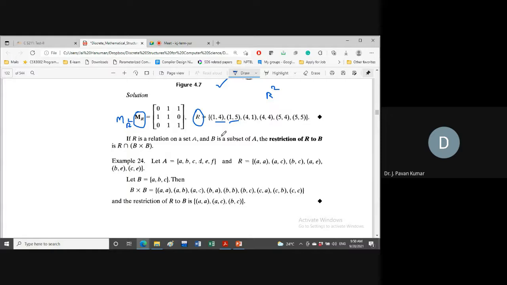How can we have 1 comma 5? 1 to 5, 5 to 5. Yes, 1 to 5. So by seeing this, we can say 1 comma 5 is part of R2.